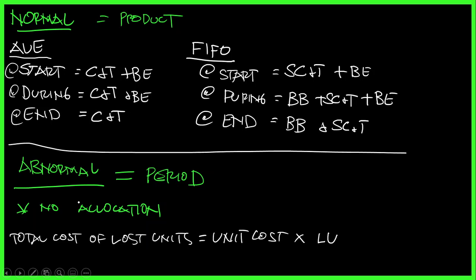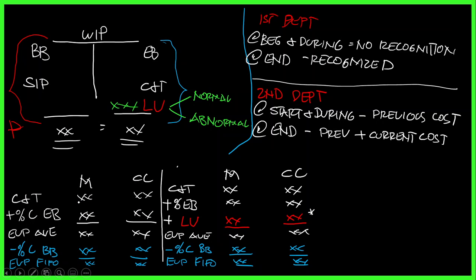May nakalimutan ba ako? For emphasis pala, dito kanina baka malito kayo, ulitin natin tong part na to, no? Kasi mayroon akong sinabi na not recognized and recognized. Okay, so let's have another slide. Ano yung ibig kong sabihin kanina? Kunyari, we are using the average and FIFO na lang. Magkuha tayo, kahit sa EUP na lang tayo pag-umpisa.